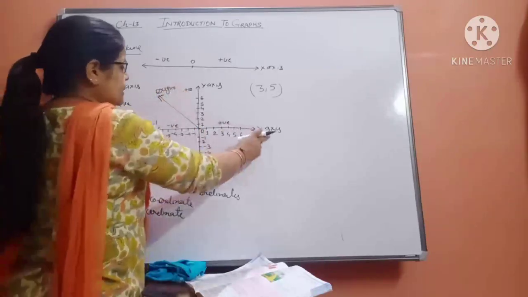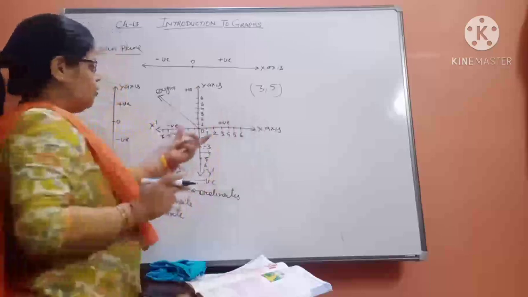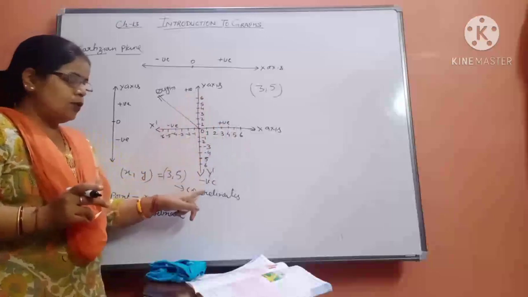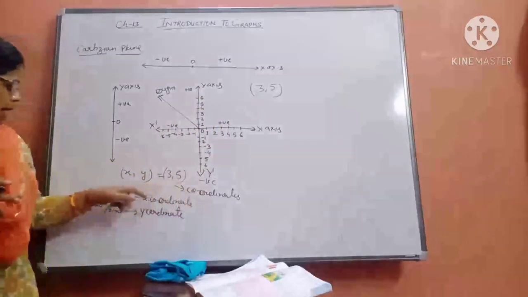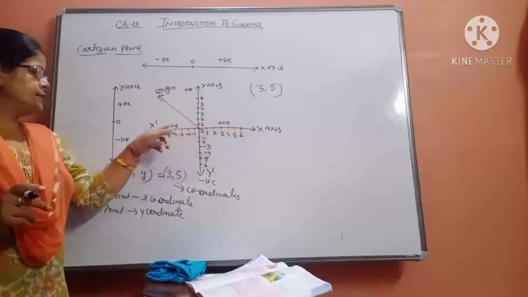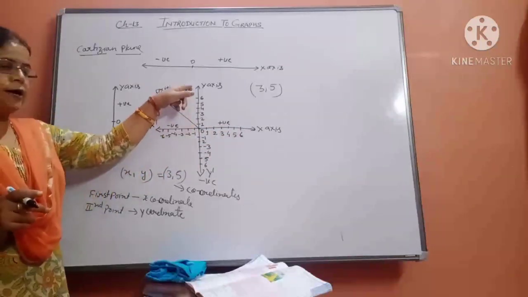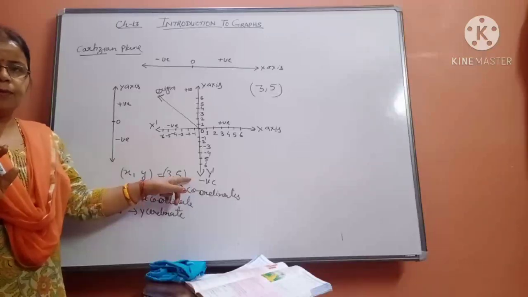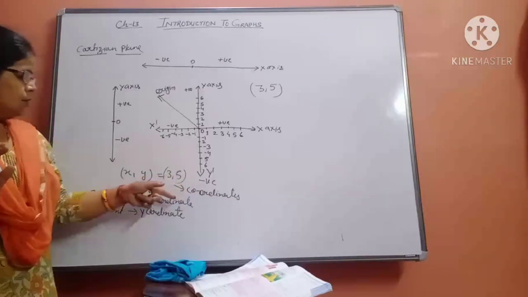It is x-axis and y-axis. Horizontal line as x-axis and vertical line as y-axis, okay. Then I taught you that it is positive x-axis, negative x-axis, positive y-axis and negative y-axis, okay. Till here maybe everybody of you is clear in your concept.